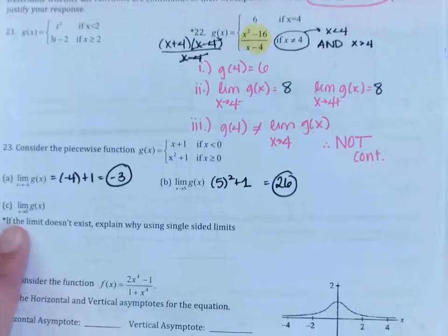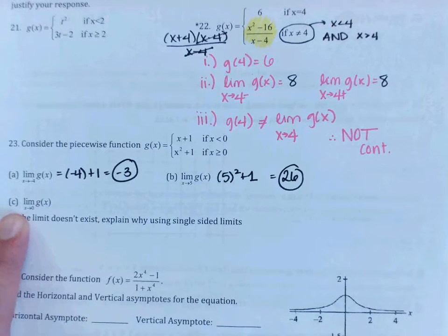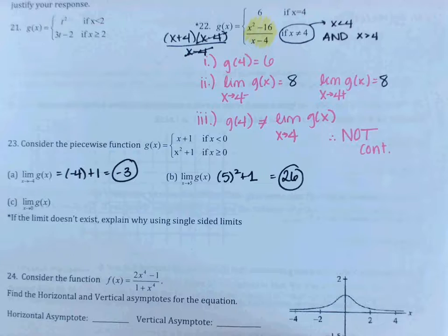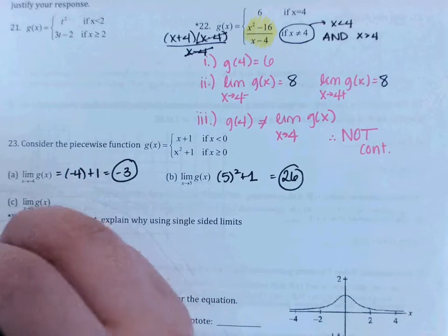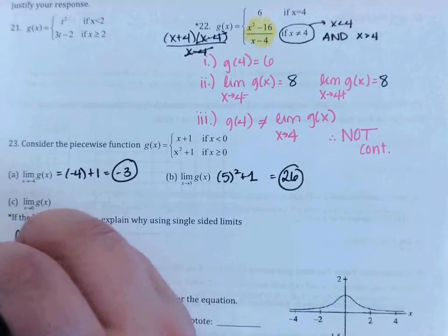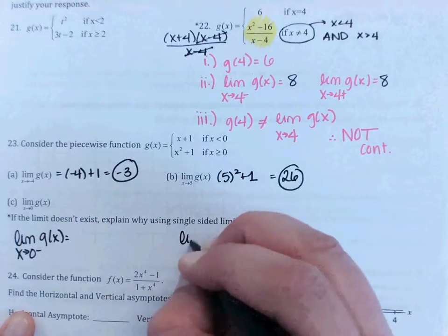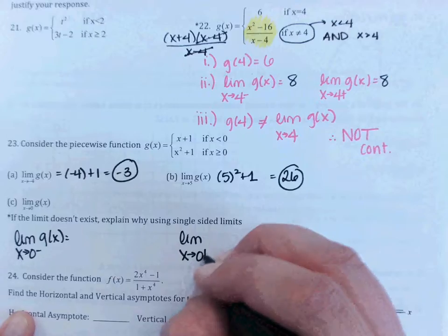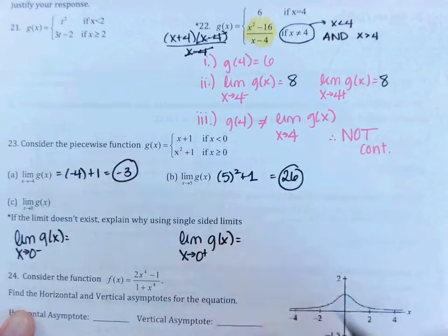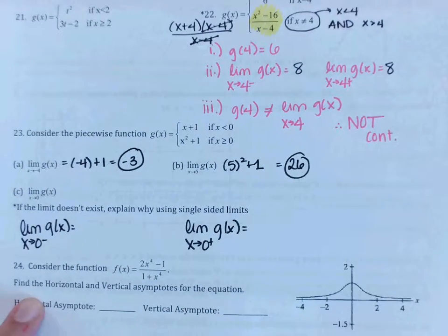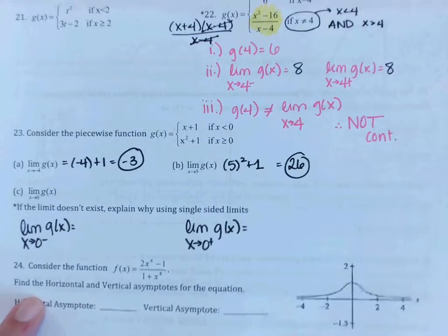When x is approaching 0, what do you have to check? If I don't see the limits on your paper, you're going to get points off. So you should do the limit as x approaches 0 from the left, and then the limit as x approaches 0 from the right. So when I plug in from the left, I'm plugging into which chunk?